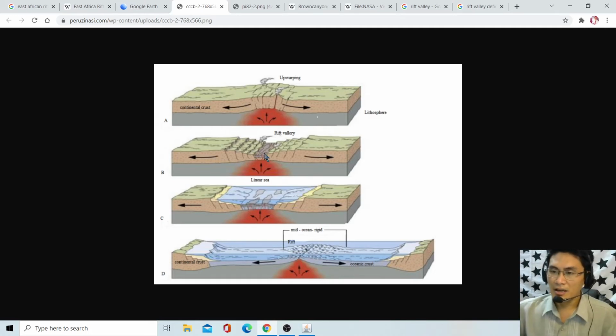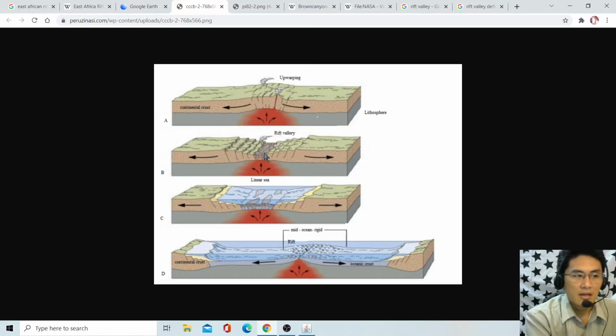Forms a valley, and again, when the rains collect, you form Great Lakes or inland seas, and then after that you form a small sea, and then eventually that sea develops, if the rifting continues, into an ocean.